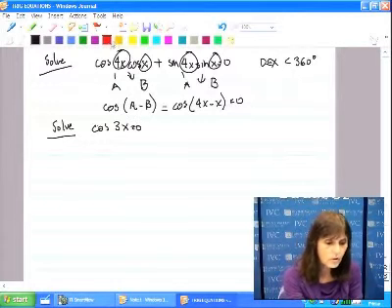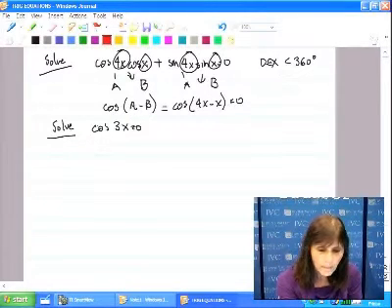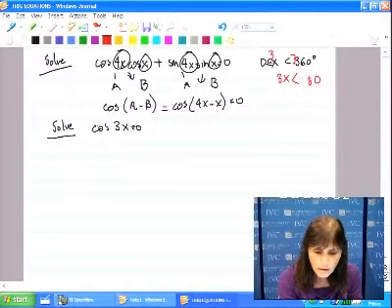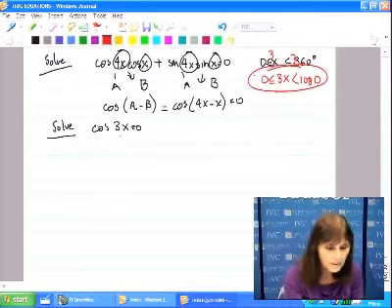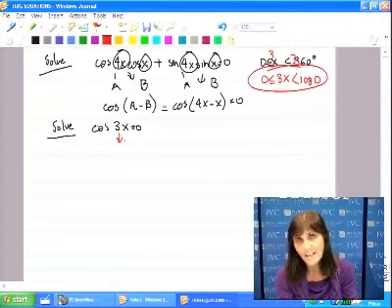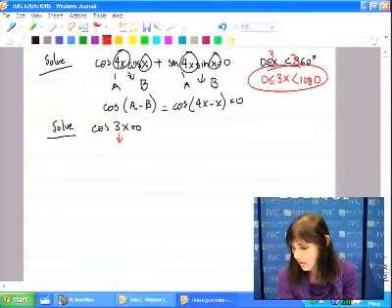Now let's go to the original question. I multiply everything by 3. That means 3x is supposed to be 0 to 1080. So remember that. Now let's solve with that. What cosine gives me 0?